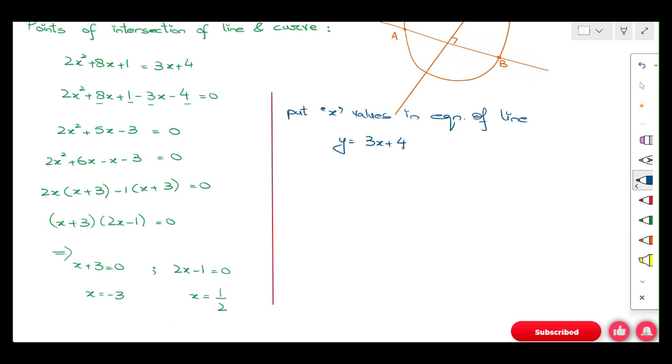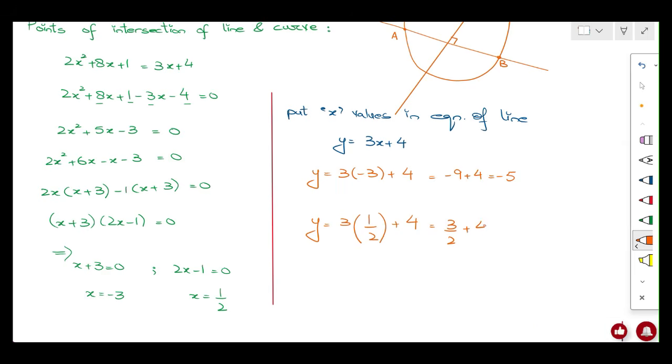Now I plug both values, minus 3 and 1 by 2. 3 times negative 3 is negative 9, plus 4, that is negative 5. And we have 3 by 2 plus 4. 4 times 2 is 8, 3 plus 8 is 11. 11 over 2.